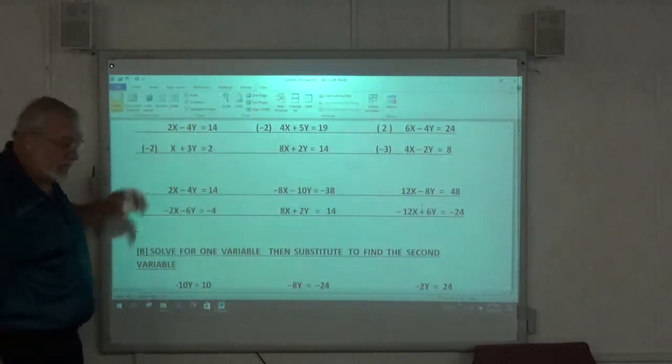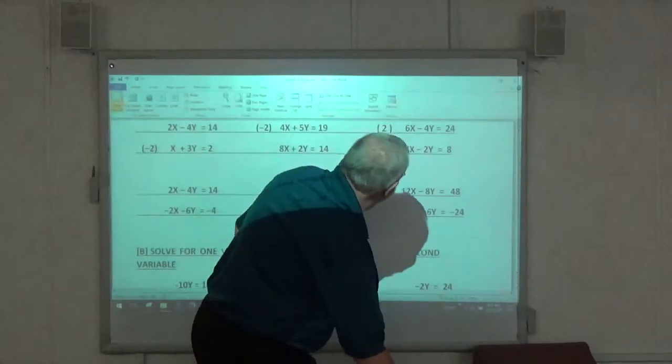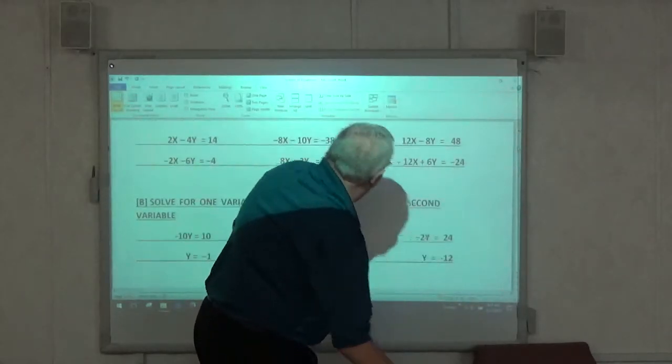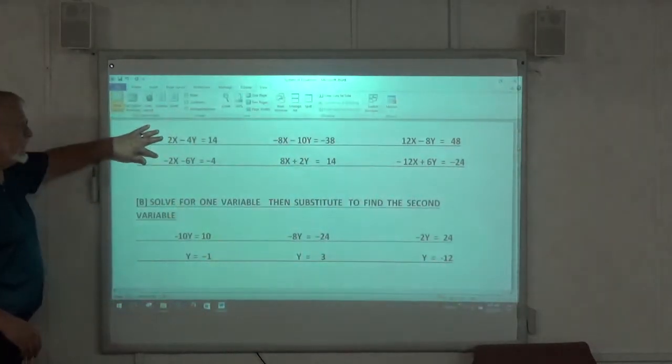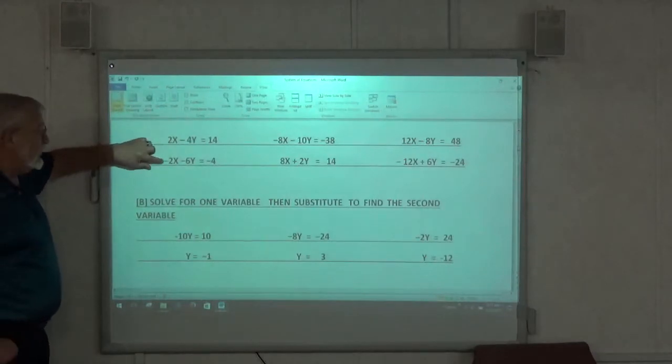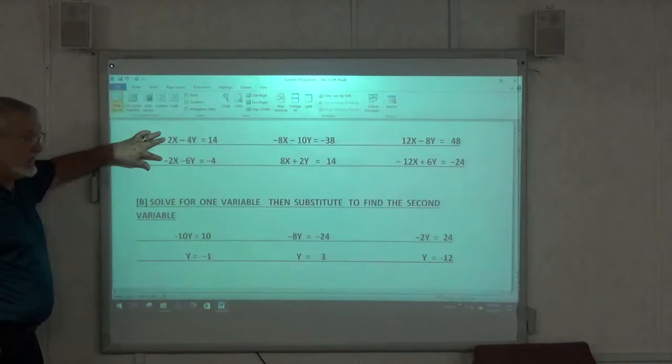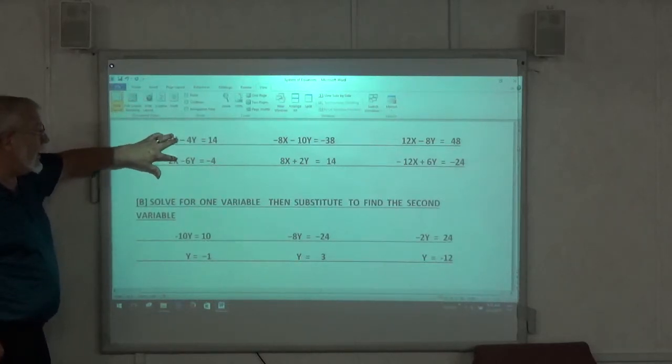Okay? Now, when we multiply those, and that's this next part, when I multiply this one, I end up with these two. I multiply the bottom one by negative 2. What happens when I add the x's together? Get a 0. When I add the y's together, you better say negative 10. Right?